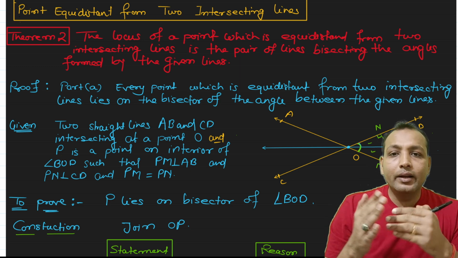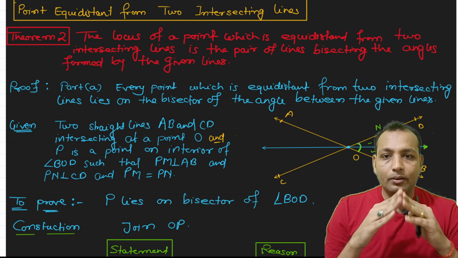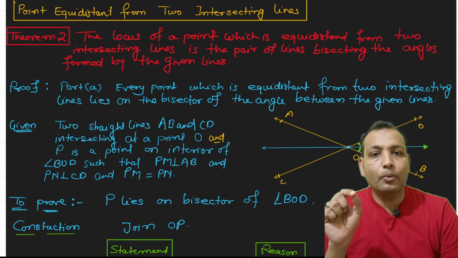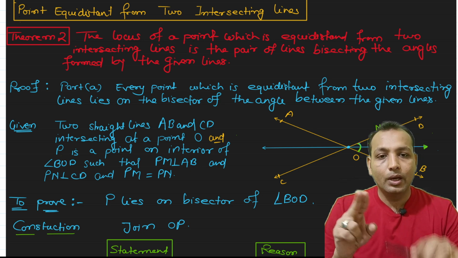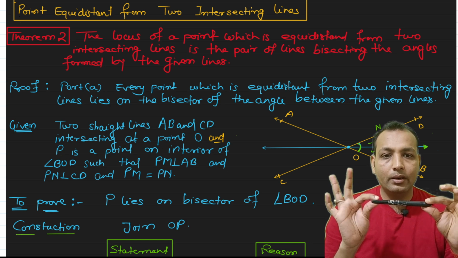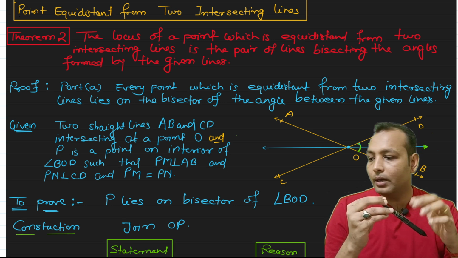Now the second theorem: the locus of a point which is equidistant from two intersecting lines. Suppose we have two intersecting lines, AB and CD.